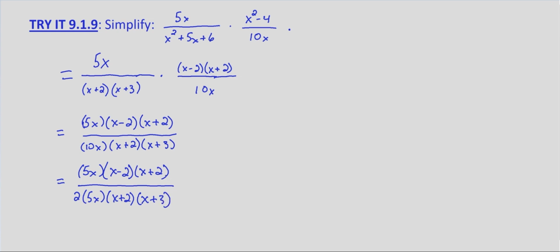So now we can cancel like factors, common factors in the numerator and denominator. Well, we have 5x and 5x, and we have x plus 2 and x plus 2. And what does that leave us with? That leaves us with x minus 2 in our numerator, and then 2 times x plus 3 in our denominator.